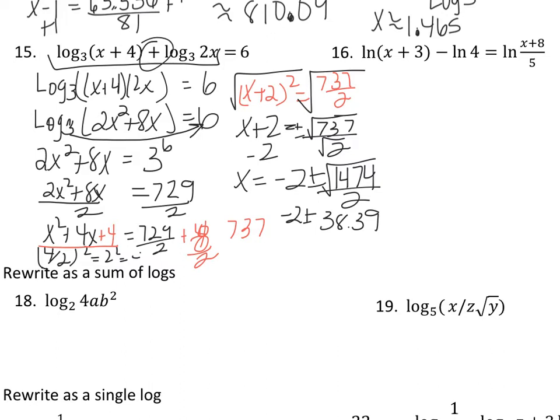And that's divided by 2. So we'll divide by 2 and get, oops, negative 2 plus or minus 19.196. So negative 2 plus 19.196 would be 17.196, and negative 21.196. Oh, wasn't that a fun problem?